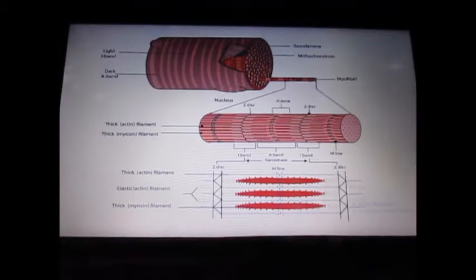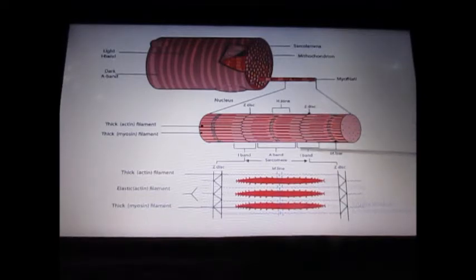So actin is thin, myosin is thick. The way they are arranged, they are always overlapping, but we have some region where we find only the actin alone, like this part here, the one we are calling Z disc.